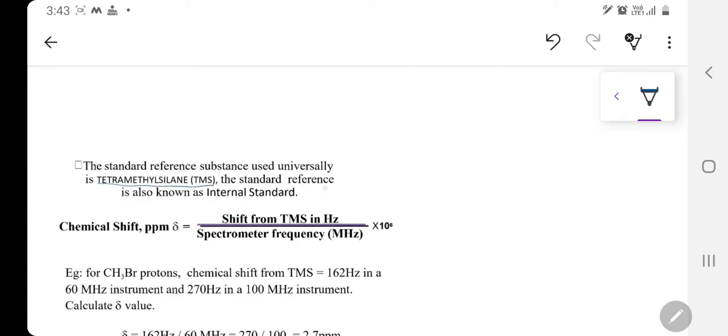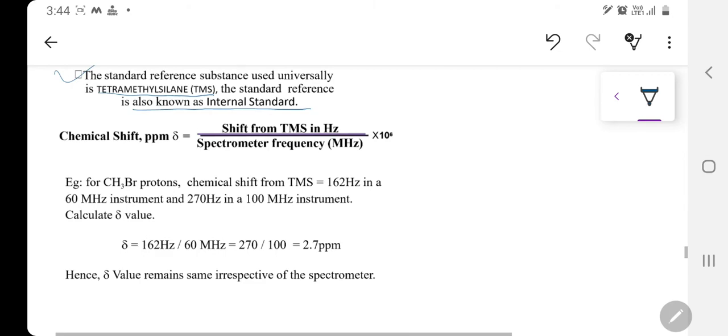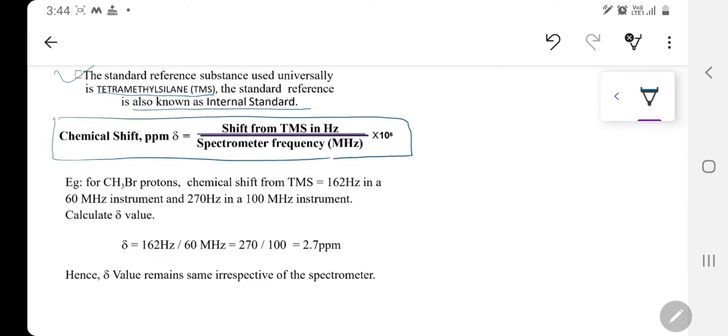The standard reference is also known as the internal standard. The chemical shift formula, whose symbol is delta, in ppm, is the shift from TMS in hertz divided by the spectrometer frequency in megahertz, multiplied by 10 to the power 6.